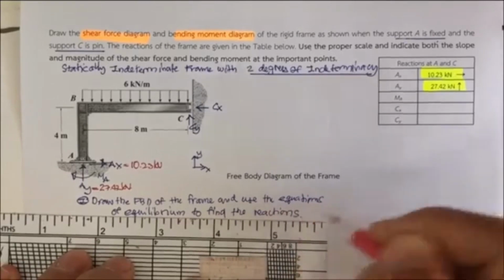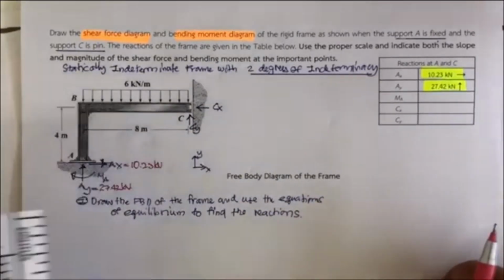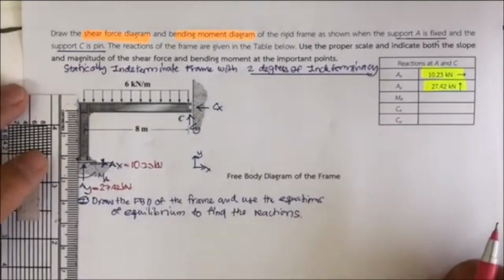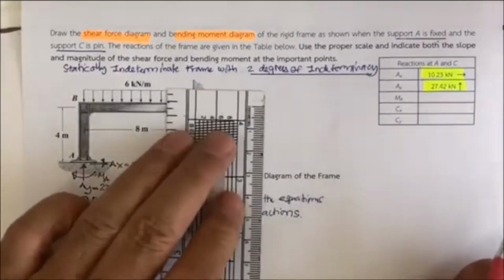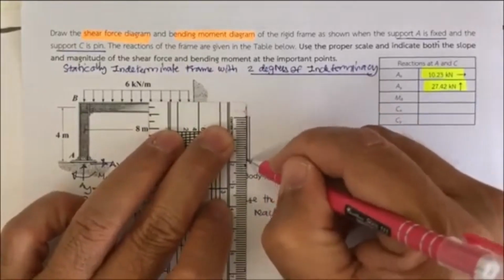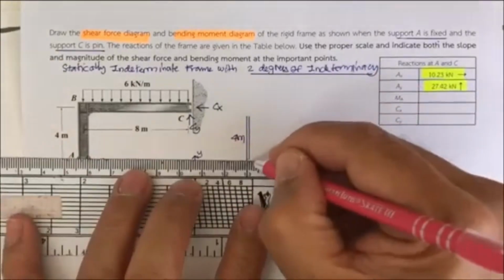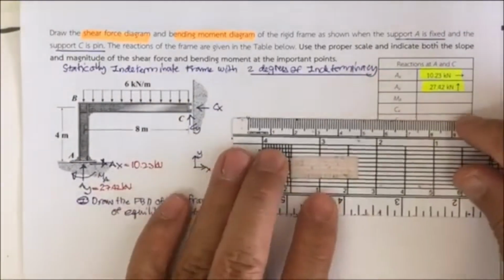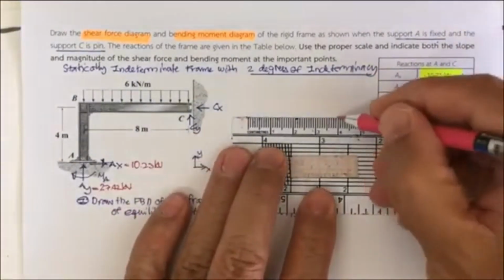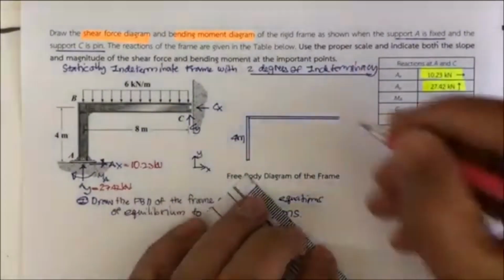Okay, then we're going to have our frame, 4 meter here and 8 meter here. So this is going to be 2 centimeter for 4 meter. This is 4 meter, I put it as 2 centimeter, and then we have here 4 centimeter for 8 meter of the frame.